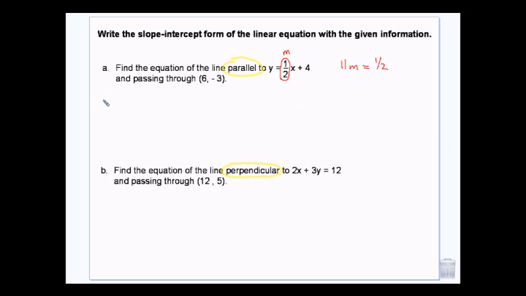So now I'm going to take the point. So I have negative 3 is equal to 1/2 of 6 plus b. 2 goes into 6 3 times. So negative 3 is equal to 3 plus b. If I subtract 3 from both sides, I'm going to run out of space, but b will be negative 6. So 1/2 was my m, and negative 6 is my b.